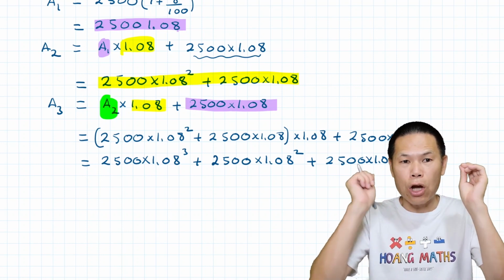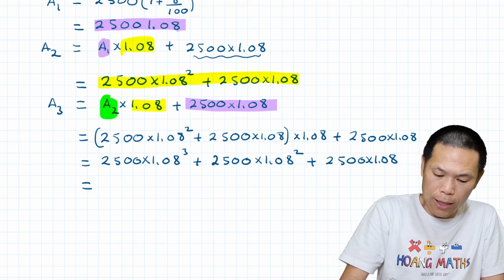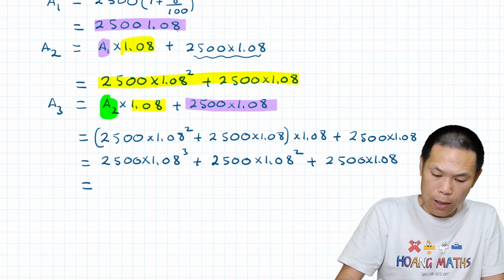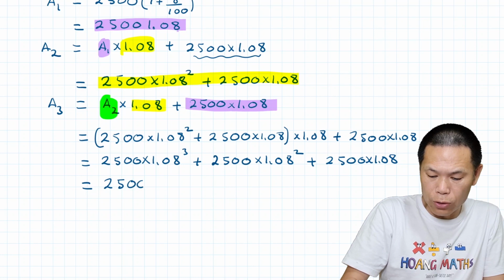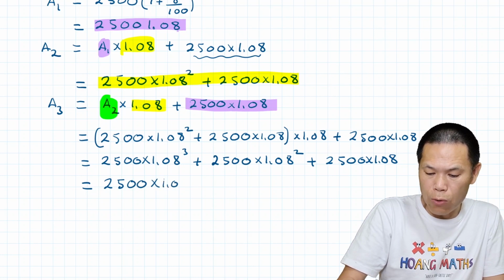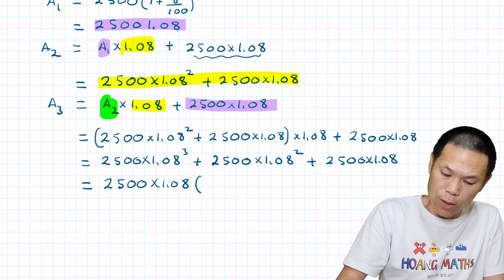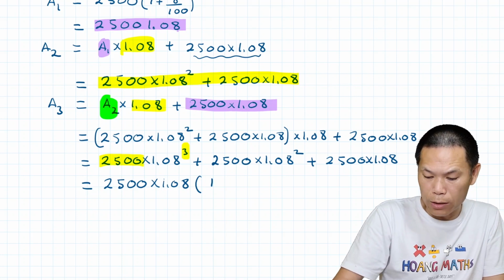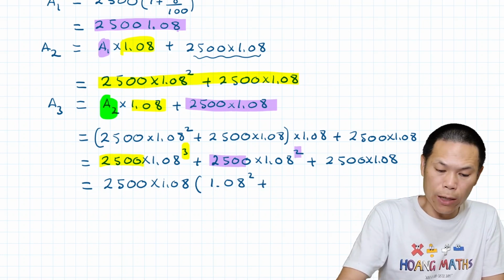So let me just take out the common factor first, so it makes it easier, okay? The common factor in this case, I can take out 2,500 times 1.08. So I take 2,500 times 1.08 brackets, and then that term we take it out, and this cube, take one of them out, becomes square. So 1.08 squared, we add, so this we take it out, and 1.08, we take one of them.